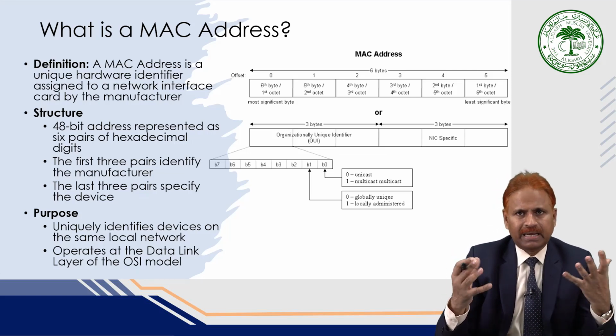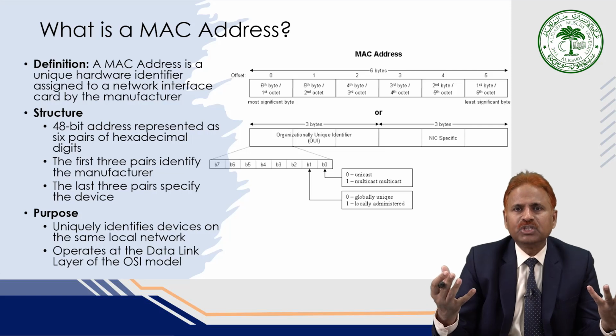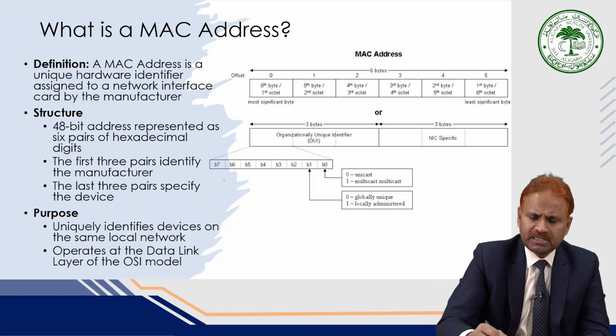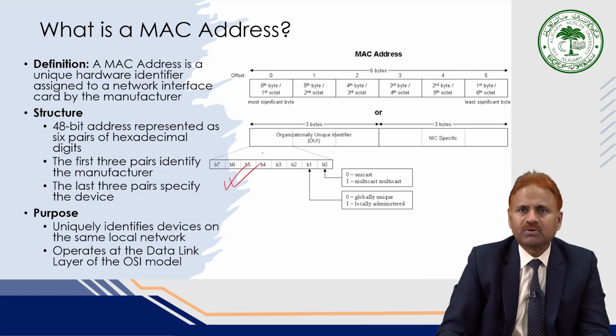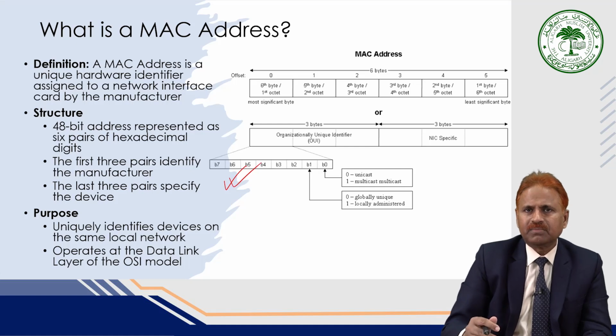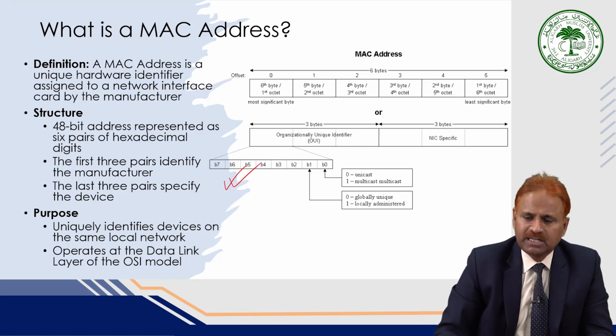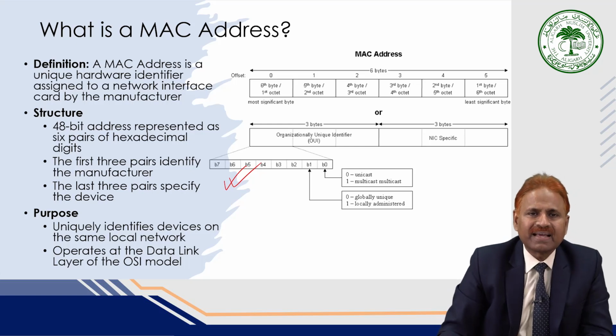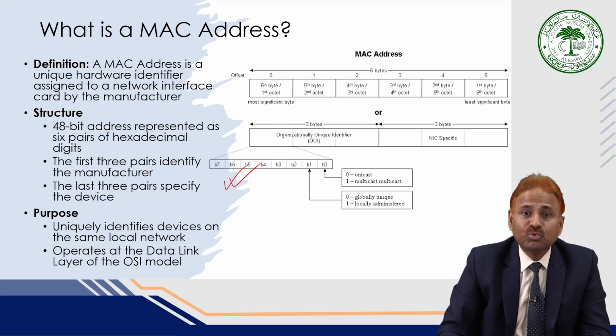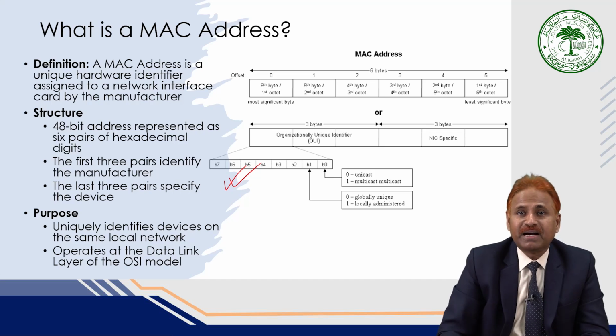But I have already told you that it is very difficult for the human being to remember all these addresses. So better we use this kind of addressing scheme, which is comparatively easier for the human being to remember. So these are the formats of the MAC address. A MAC address is a unique hardware identifier assigned to a network interface card by the manufacturer.